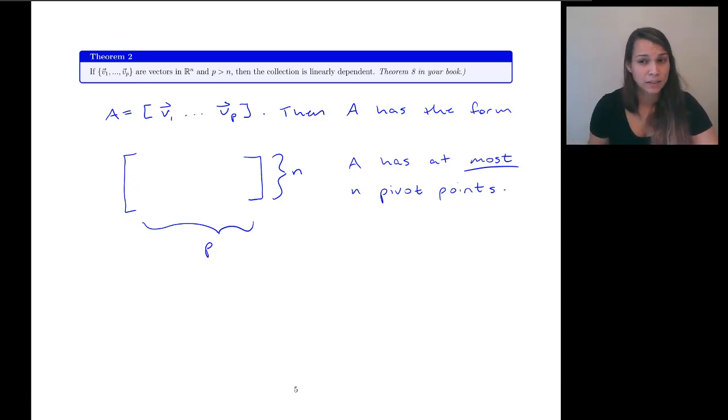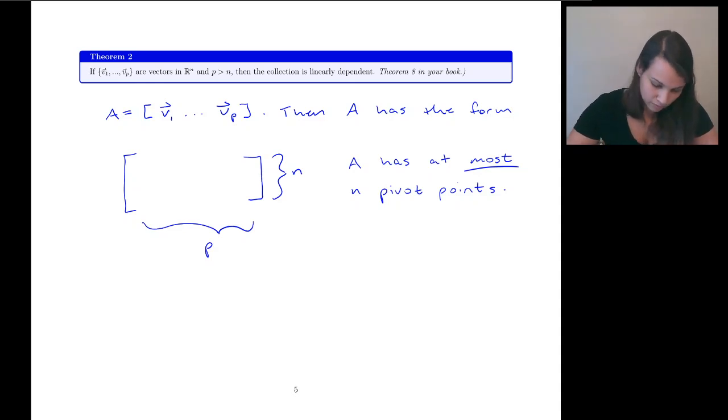This may sound a little bit familiar from your first worksheet. I asked you about the solutions to a 4x6 augmented matrix, and you had to give me some information. That was question 2. Same idea. A has at most n pivot points because it only has n rows.